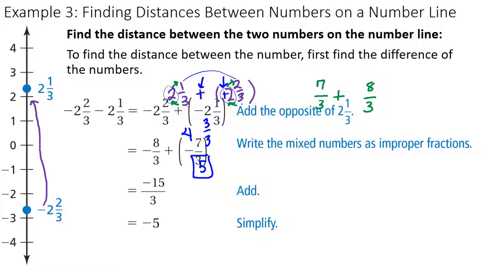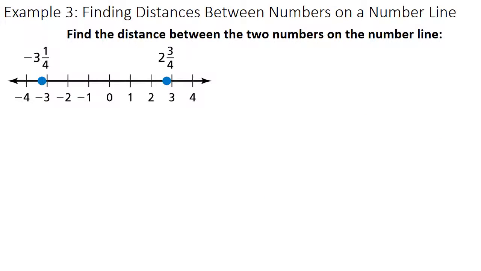So 7 plus 8 is 15 over 3, and 15 divided by 3 is equal to 5. So the distance between these two numbers on a number line is exactly 5 units.